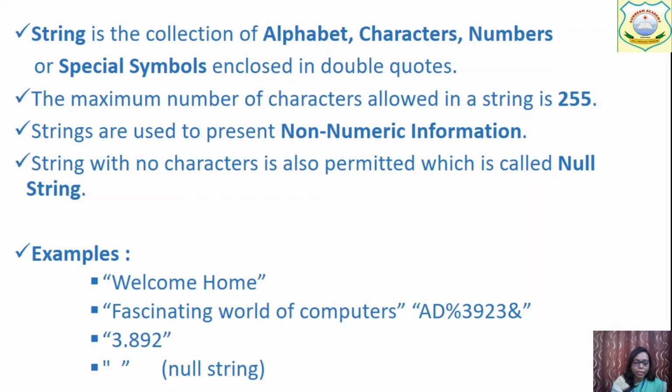Just see the number keys, the upper portion, all the special characters are given, like exclamation mark, at the rate, hash sign, dollar sign, percentage and star. All these are special characters. So a string can be alphabets, characters, numbers or special symbols. The condition is it should be enclosed between double quotes.